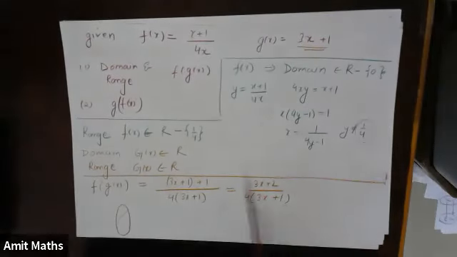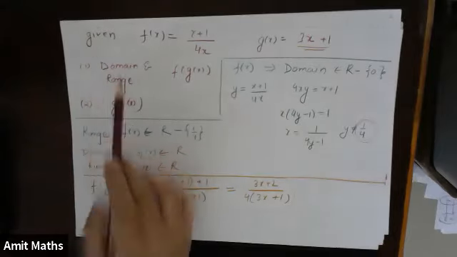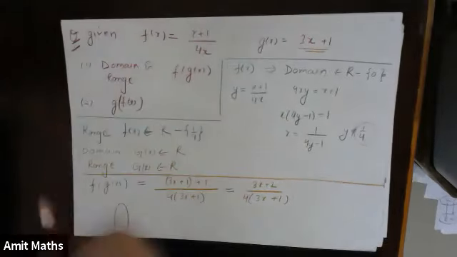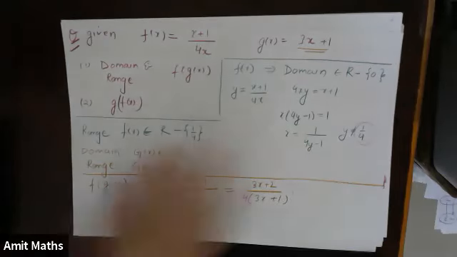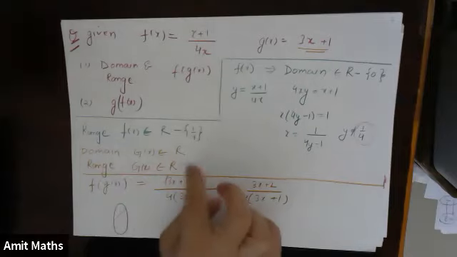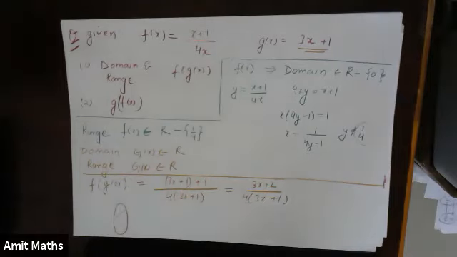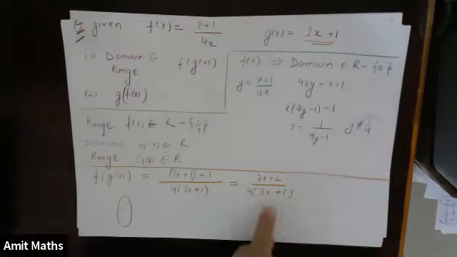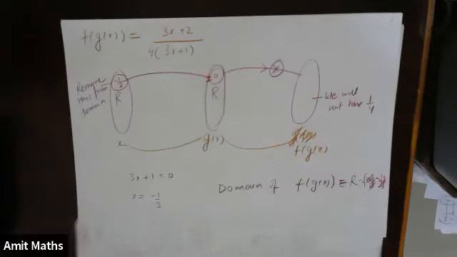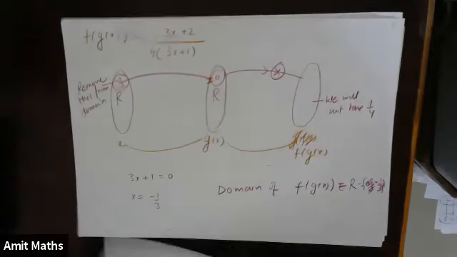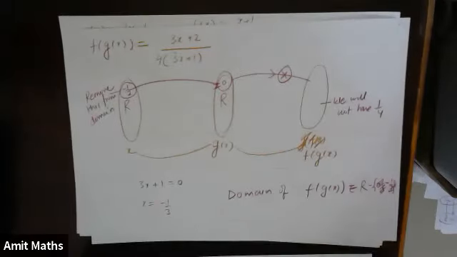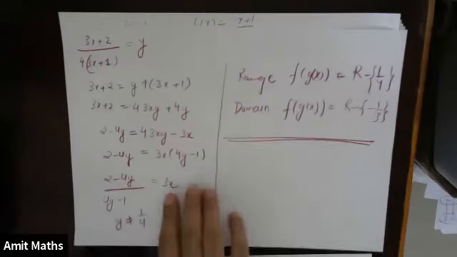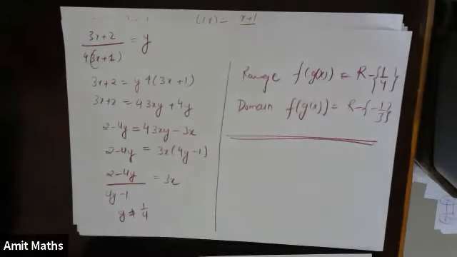Now the next question was: given f of x is equal to this and g of x is equal to a different function, we have to find the domain and range of the composite function. So we got this as a composite function, and we got the domain as this and the range as this.